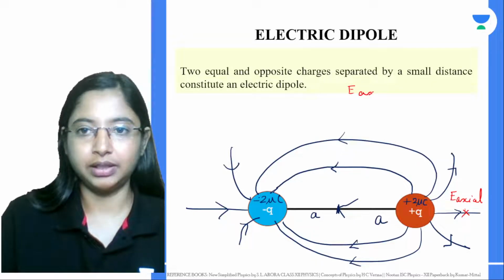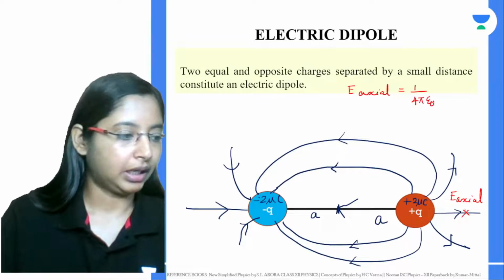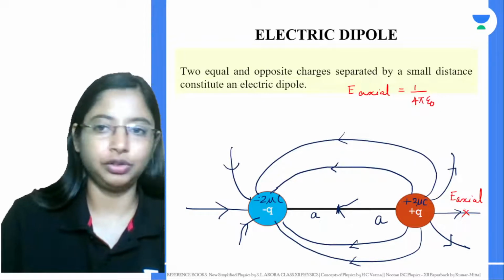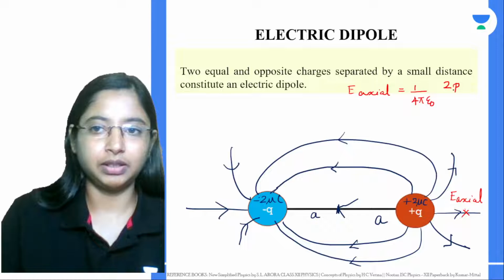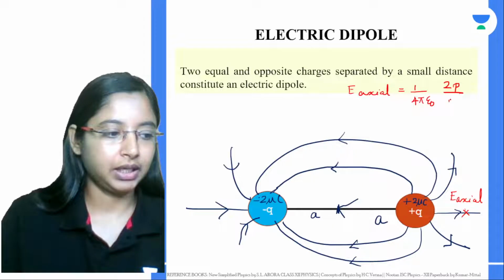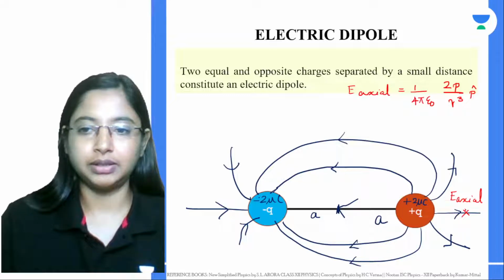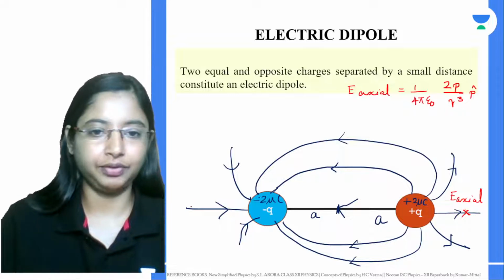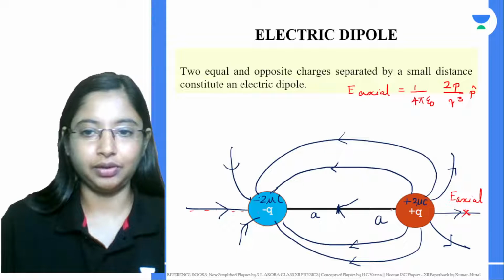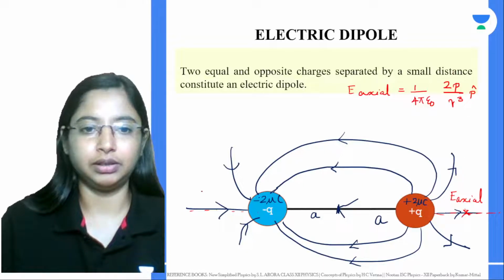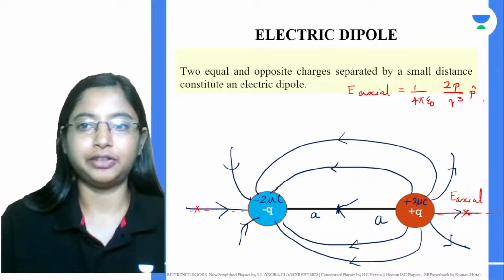So E axial is nothing but 1 by 4 pi epsilon naught, 2p, this gives you the dipole moment, by r cube into the p vector. That's on the axial. Anywhere on this line, this would be your electric field strength.